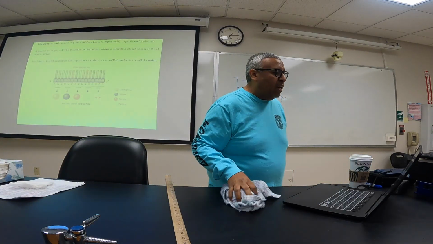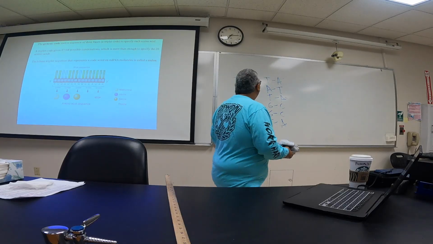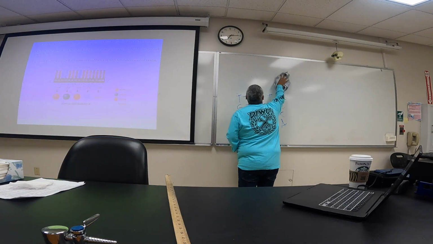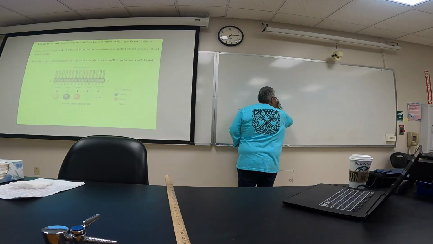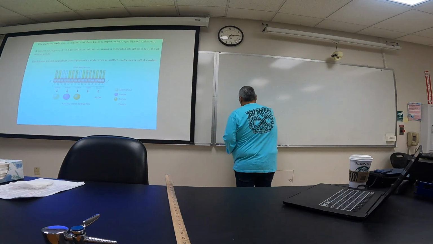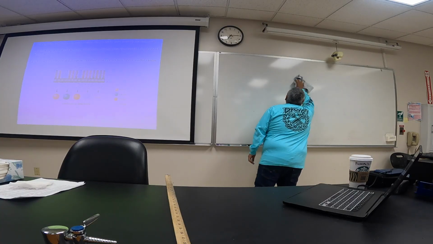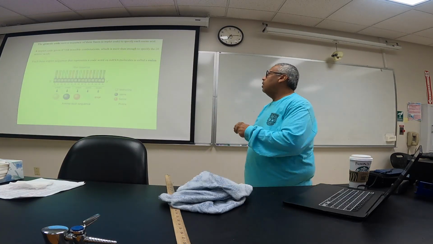So now that we have this messenger RNA, we get a sequence. We get this RNA structure that has the sequence of amino acids we need in order to make a particular protein.